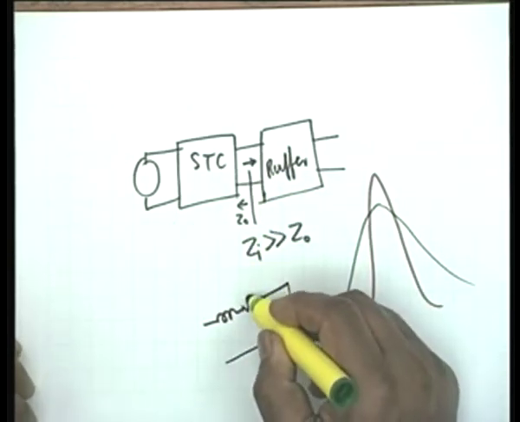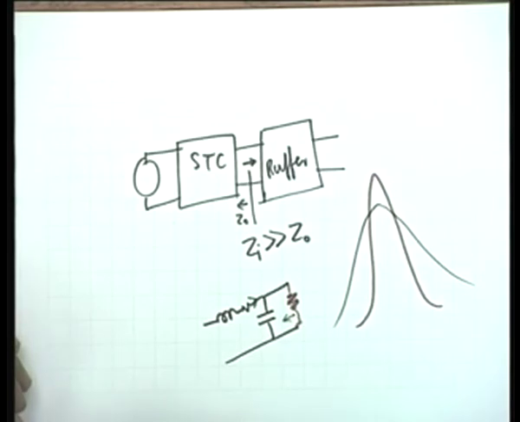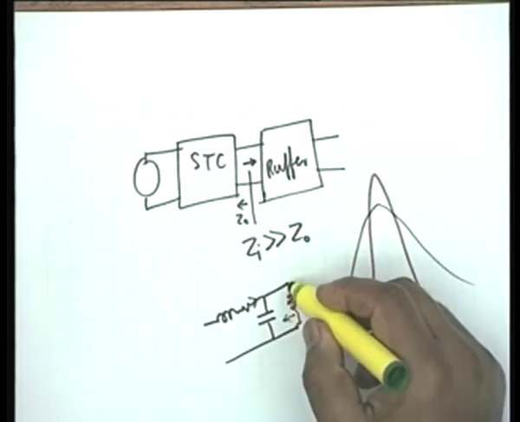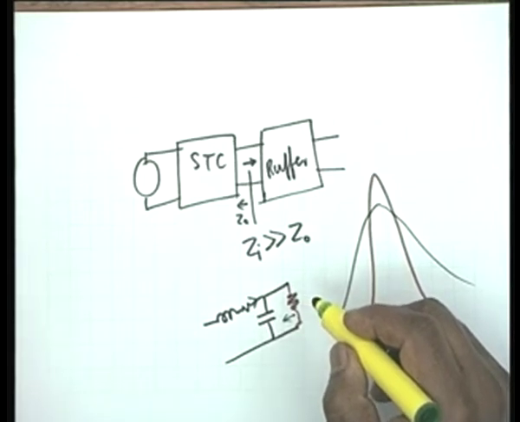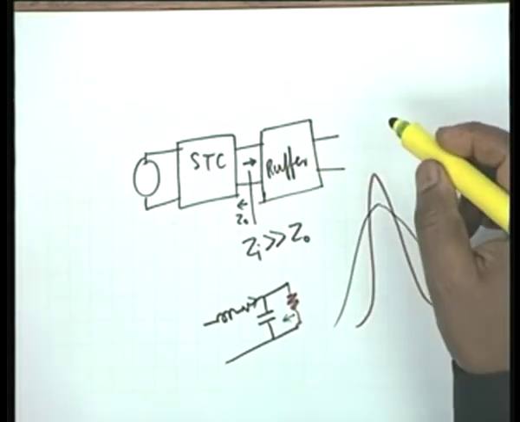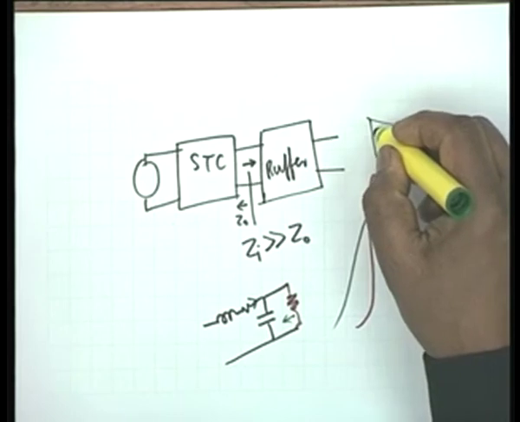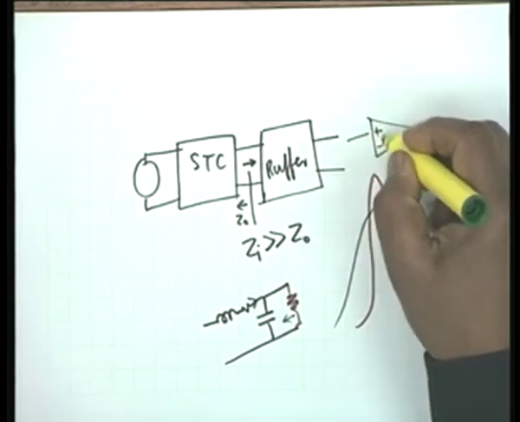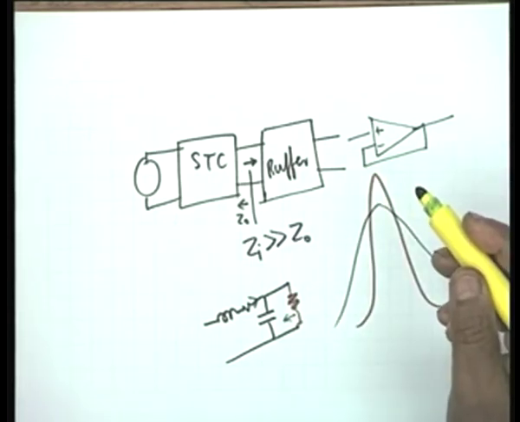In other words, the current after coming here should wholly flow through C. Very little current should flow through the connecting stage, through the next stage. Is that clear? And the usual thing to do is to use an op amp in the unity gain connection. If you know what is an op amp, this gives almost an infinite input impedance.